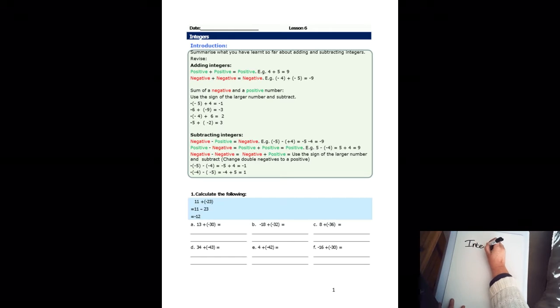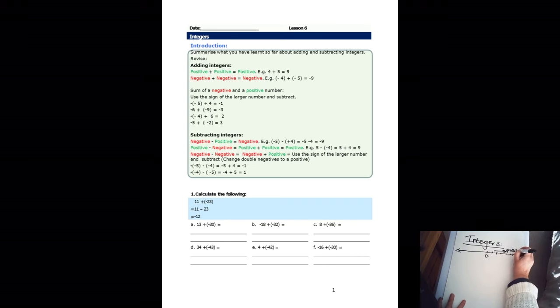Okay, so just to recap on what integers are. Integers are just whole numbers, except that now it's 0, and we've got whole numbers all the way positive, and we now have negative numbers.